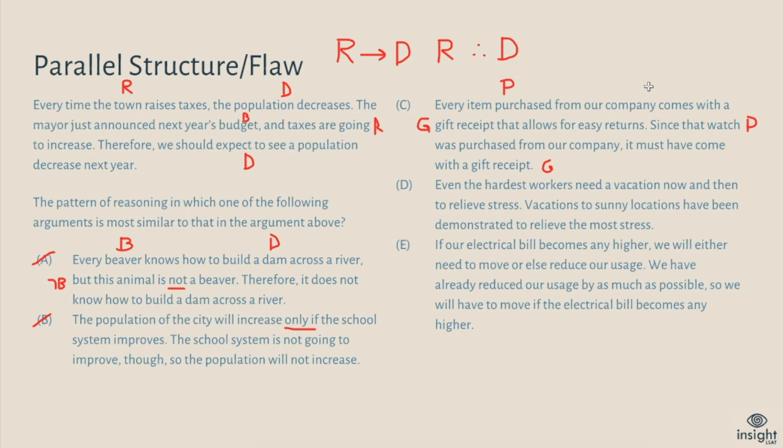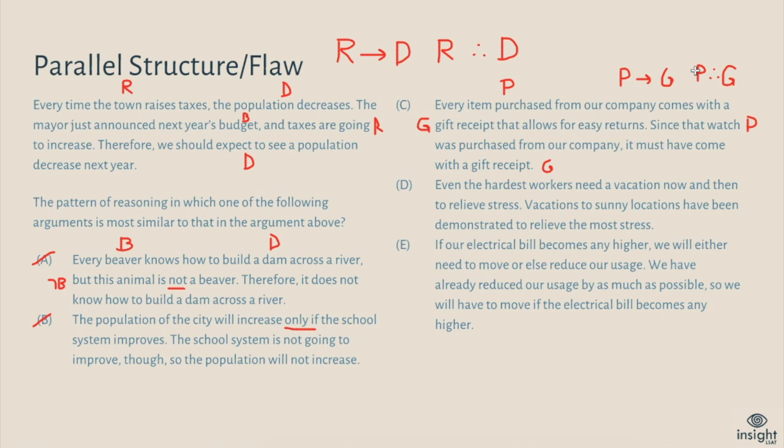And let's check that out. If P, then G. If it's purchased from the company, there's a gift receipt. The assertion of P, that is, an item purchased from our company, and the application of the general rule, therefore, G. If it's purchased from our company, then there's a gift receipt.